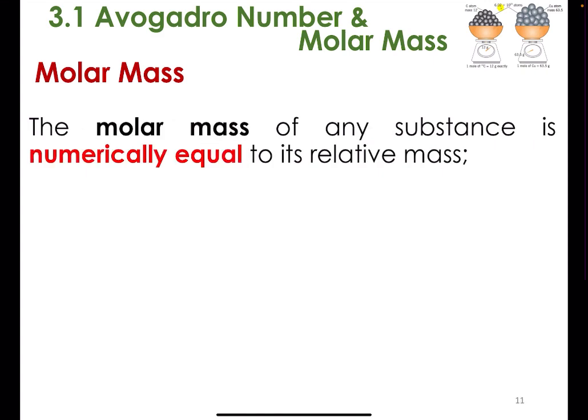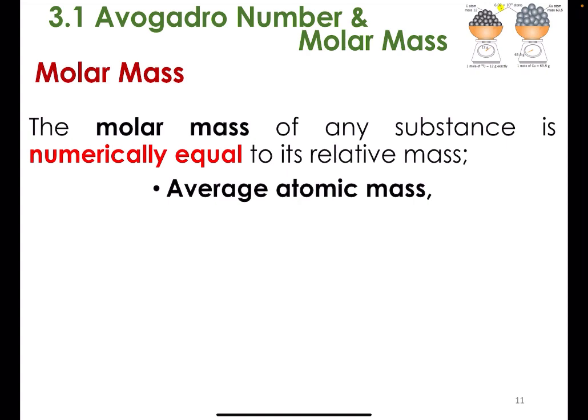Now, I'm going to tell you one tip where the molar mass of any substance is numerically equal to its relative mass. And there are a few terms that you can read throughout the course when you answer the question. So, molar mass sebenarnya dia mempunyai value yang sama dengan average atomic mass. And also, the value for the molar mass also equals the relative atomic mass.